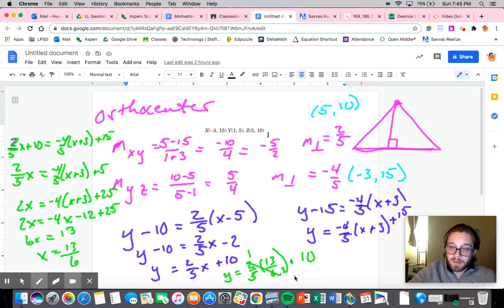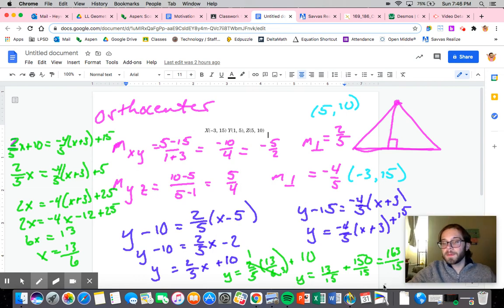I got to make that over 15. Oh, geez. So anyway, y will equal 13/15 plus 10, and I am going to have to make that over 15, so 13/15 plus 150 over 15. So anyway, y is going to be equal to 163 over 15.